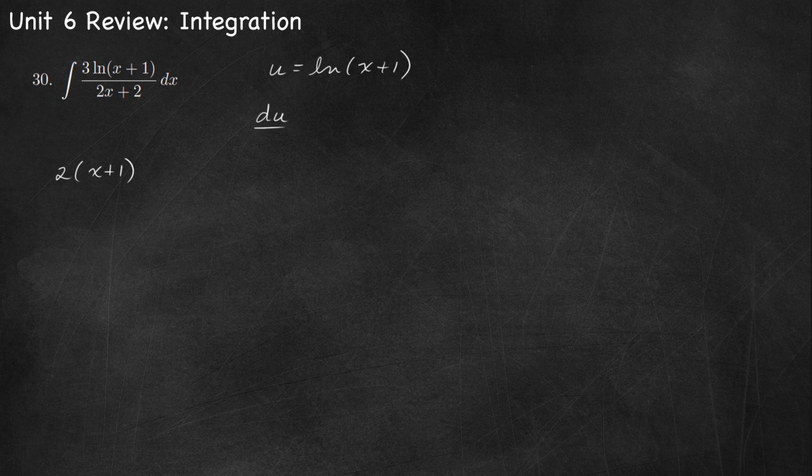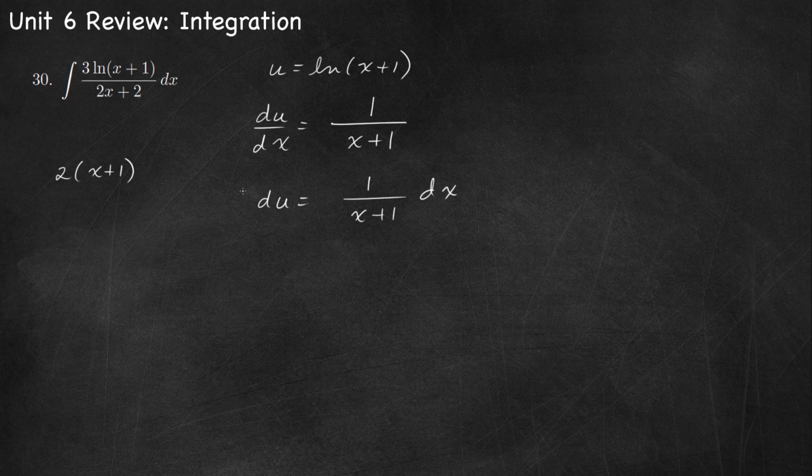Du dx equals, we have to use chain rule to take this derivative. This is the natural log of stuff. So the derivative of ln stuff is 1 over stuff times the derivative of the stuff. Okay, so this is looking pretty good. I'm going to multiply both sides by dx to get du equals 1 over x plus 1 dx. Now in my problem, I don't have 1 over x plus 1 dx. I have 1 over 2x plus 2 dx.